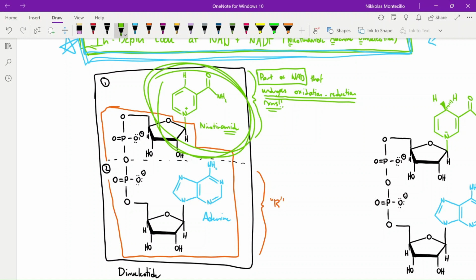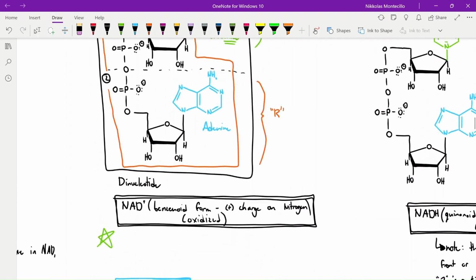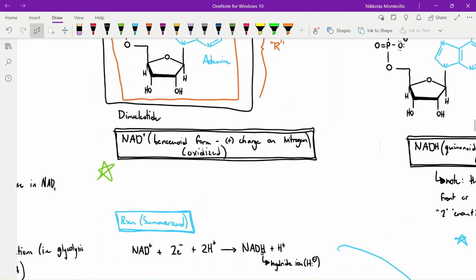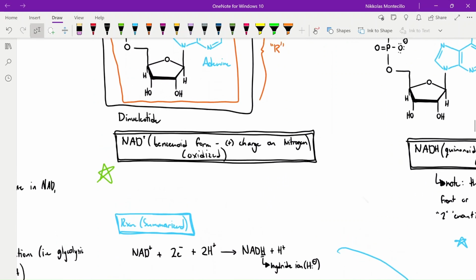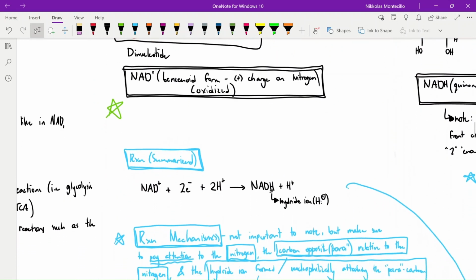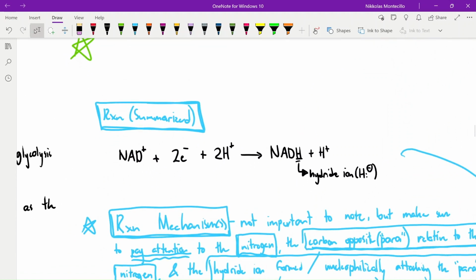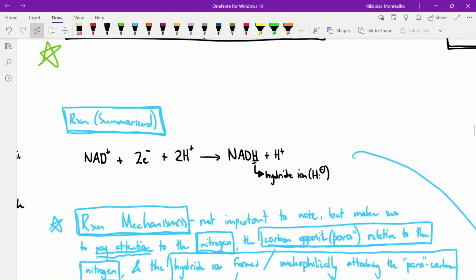We need to look at this because this is the key part of NAD that actually participates in the redox reactions. Everything else here we can just consider as R for now when I explain the reaction. The reaction in its summarized form is NAD+ plus 2 electrons plus 2 hydrogen atoms gives you NADH, in the form of a hydride ion plus H+.